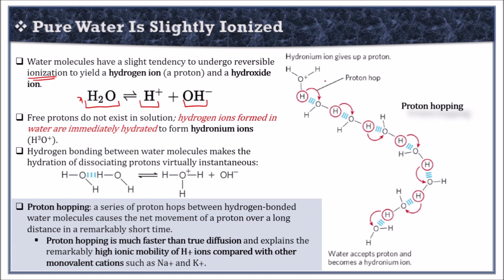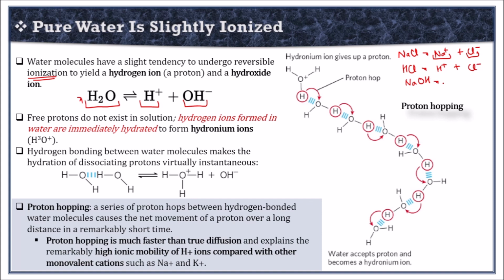Okay, so similarly, like other salt molecules like NaCl, or acids like HCl, or bases like sodium hydroxide, NaCl can break into Na plus and Cl minus. The difference is there is one metal ion and another is a non-metal ion. When we come to acid, there is one proton plus a non-metal ion.